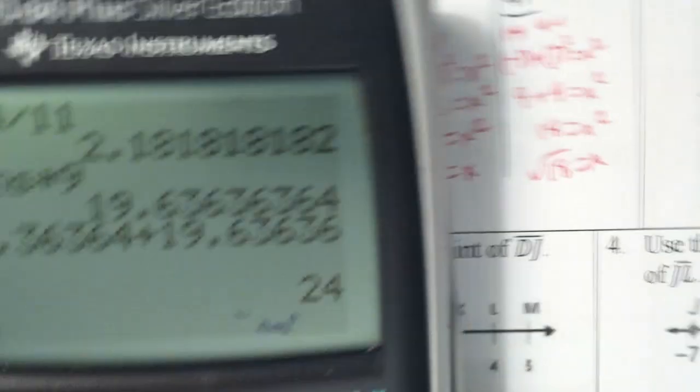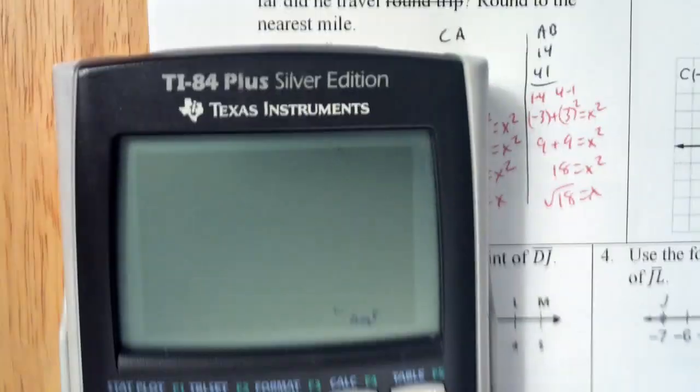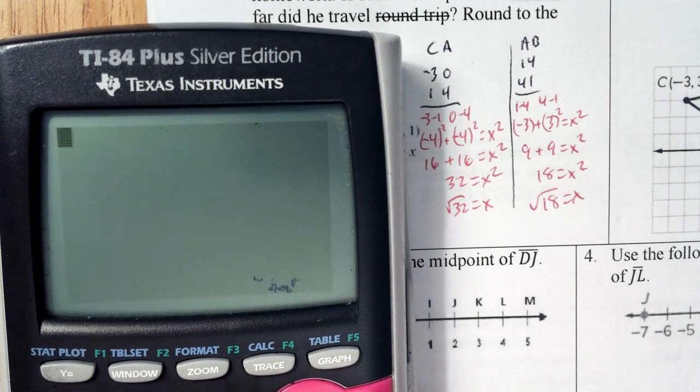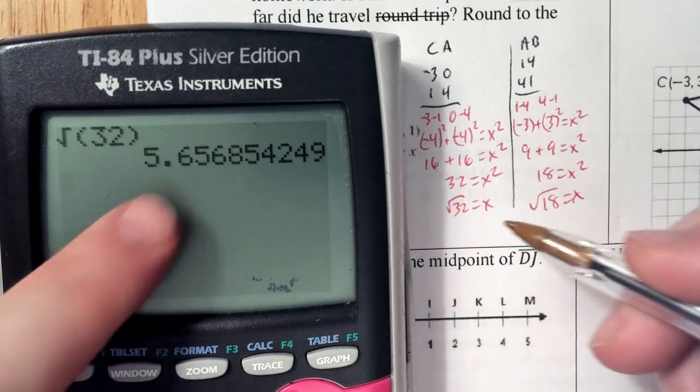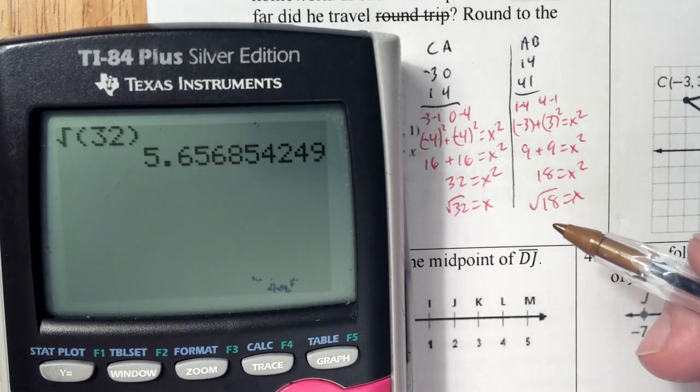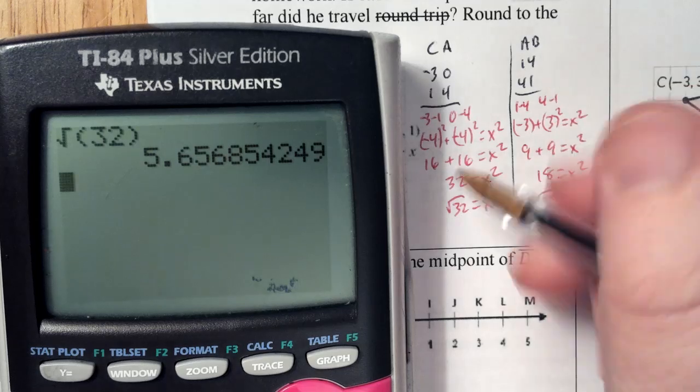Now, if we look at our calculator, zoom out a little bit here so you can see what's going on in my head. Now, square root of 32 is this number. And while you're doing your work, you always want to go at least 5 decimal places.